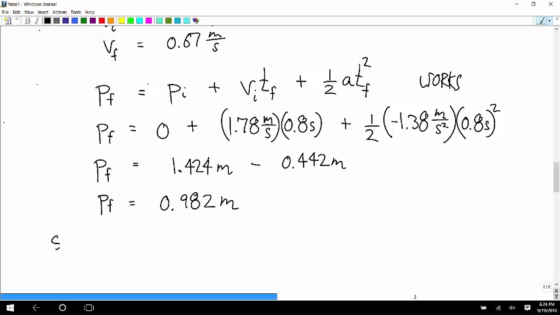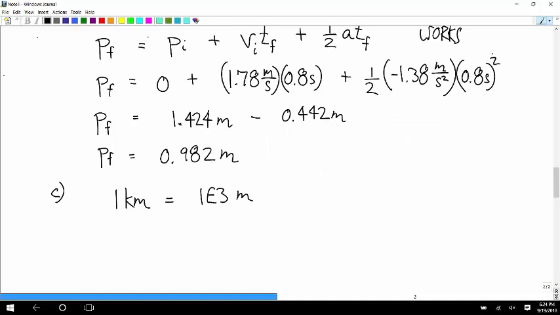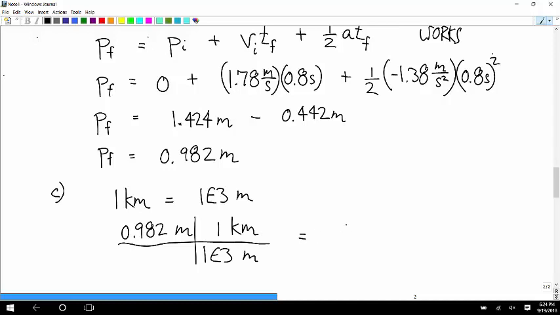And then part C is just to express that in kilometers. 1 kilometer is equal to 1 times 10 to the third meters. And so 0.982 meters times 1 times 10 to the third meters over 1 kilometer is 0.982 times 10 to the minus third kilometers.